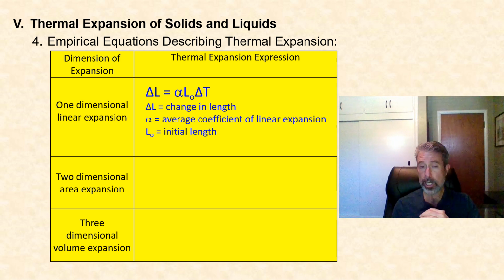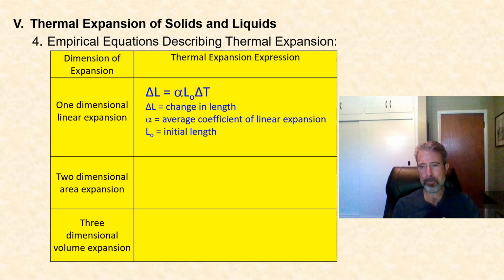I think that this should make sense as well. Should the change in length of an object depend upon the initial length? Certainly. The longer the object is to start out with, the more molecules it has, the greater its change in length will be for a given temperature change. And think about it.